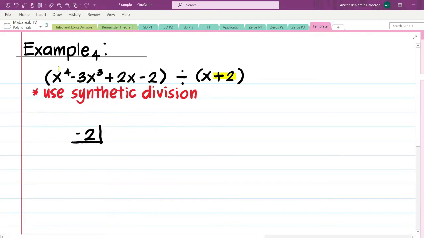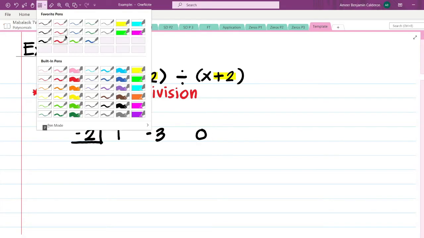And let us copy all the numerical coefficients of the terms of the dividend. Remember the filler. So we have 1, negative 3. Negative 3 is the numerical coefficient of the term of exponent 3. We do not have an exponent 2, so we write a filler 0.